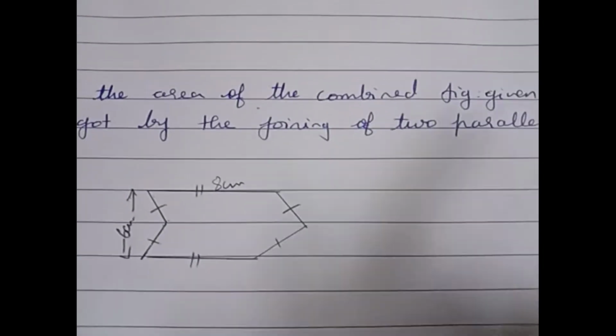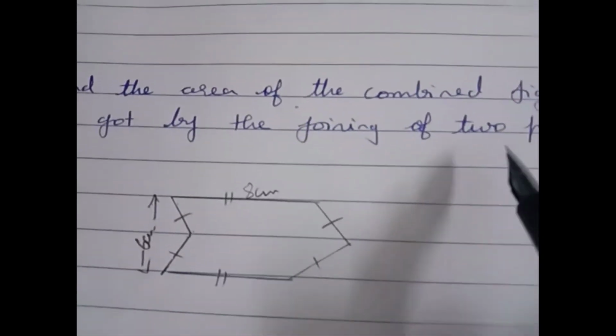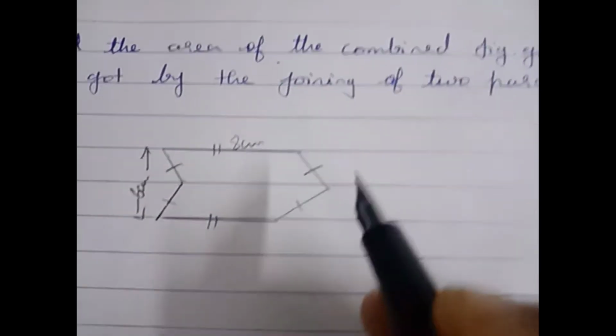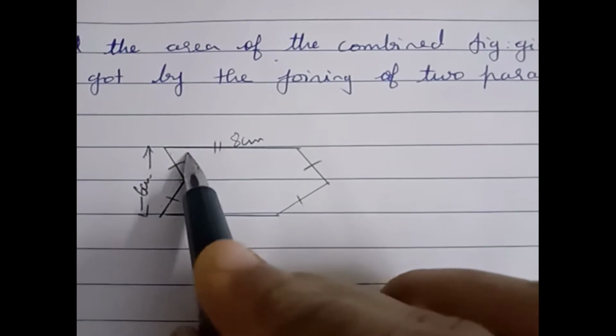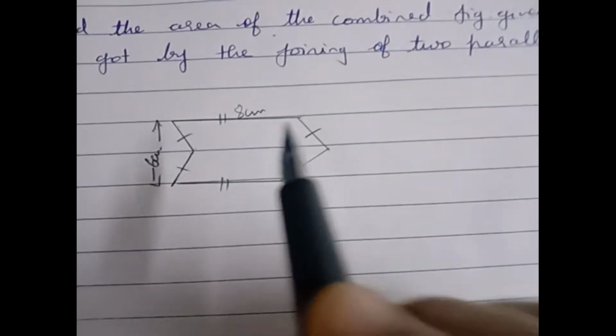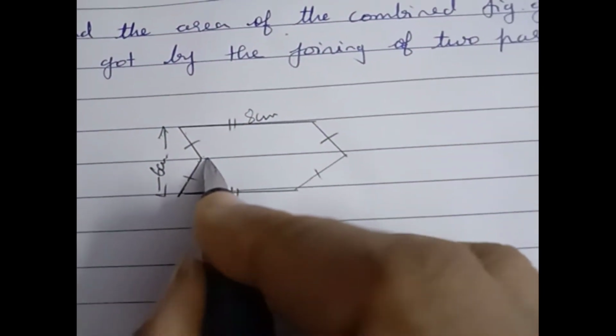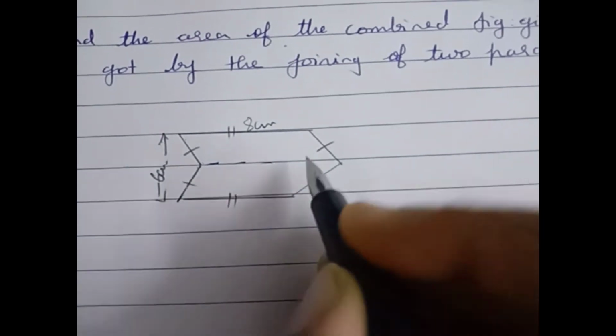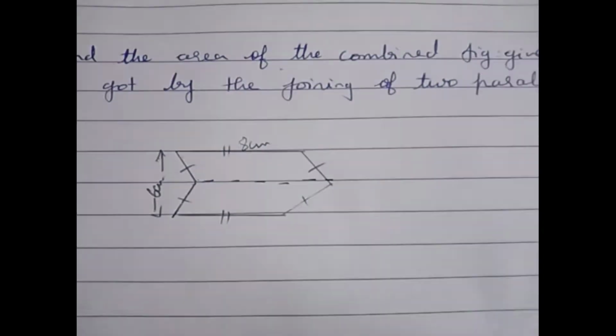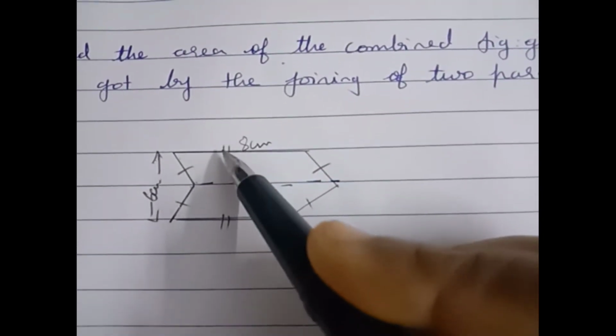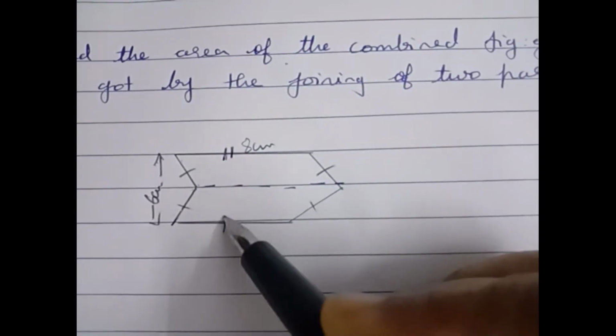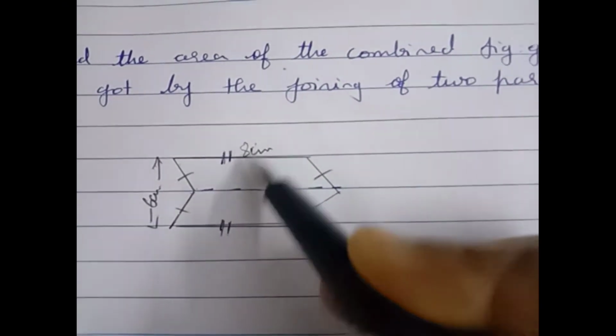Next question is find the area of the combined figure given which is got by joining of two parallelogram. So if you see here, they given the figure, you can get the two parallelogram by joining the figure. Now if they given the symbol, that means both the sides are equal.